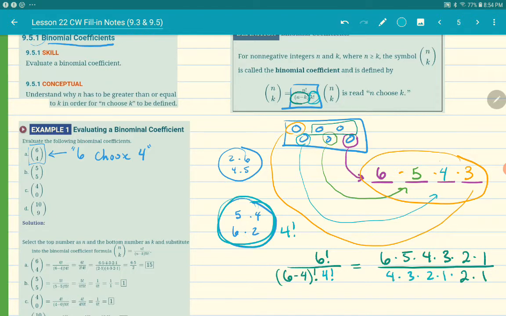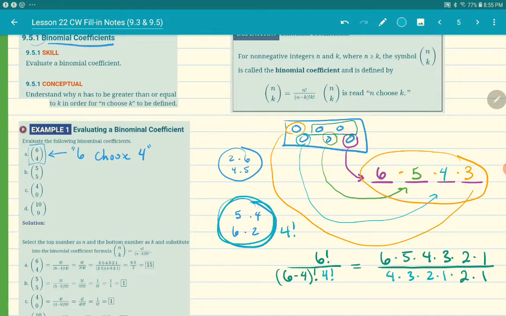Okay, so that's how we get this formula. N factorial, we're choosing from n people, and then we have this many people left over after we've chosen, and we have to make sure that order doesn't matter. So that's what that n choose k means.